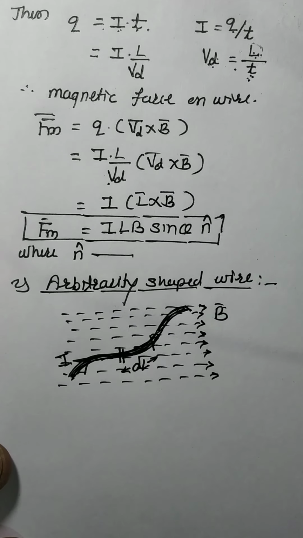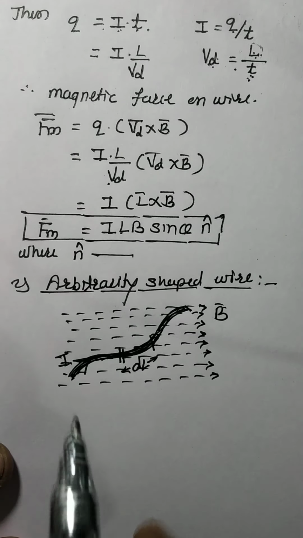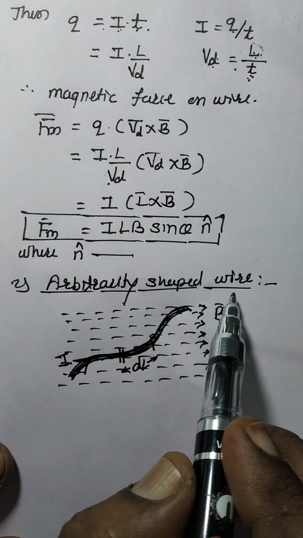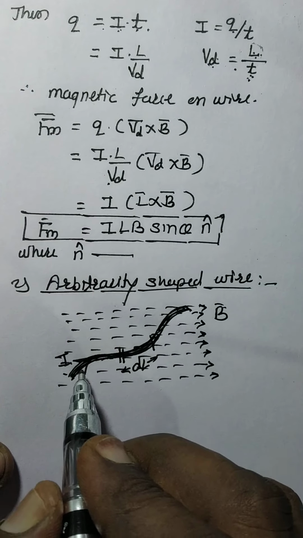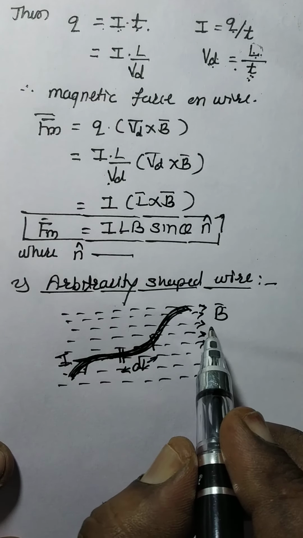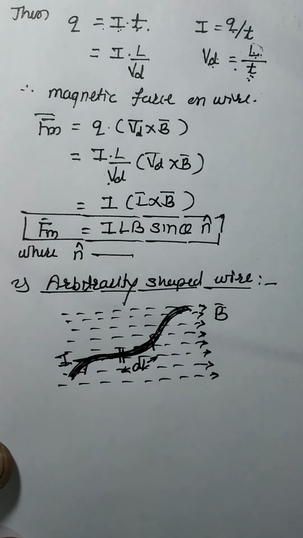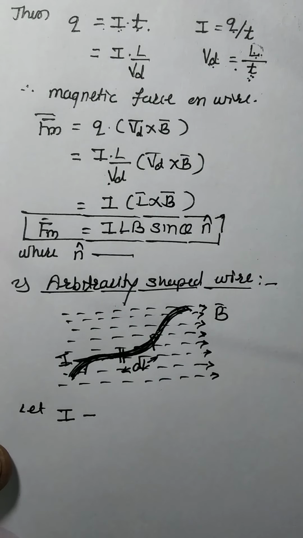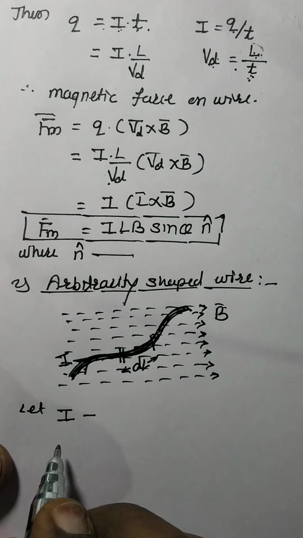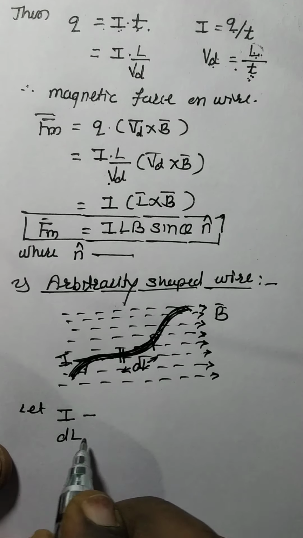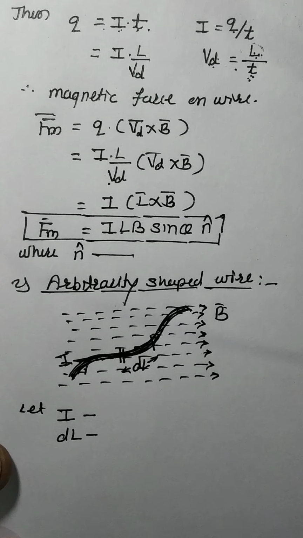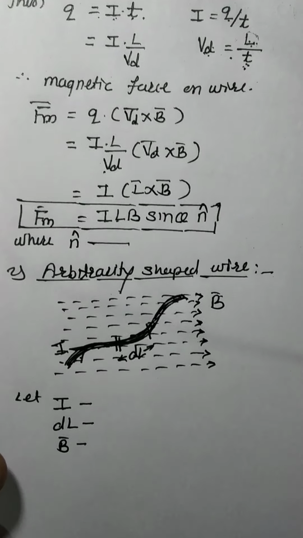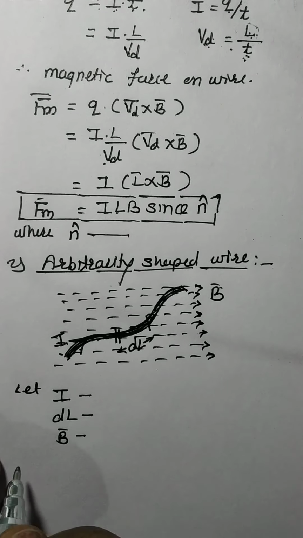Now see, consider an arbitrary shaped wire carrying current placed in a uniform magnetic field. Let I be the current flowing through the wire, DL the length of a small element of wire, and B the magnetic induction of the uniform external magnetic field.